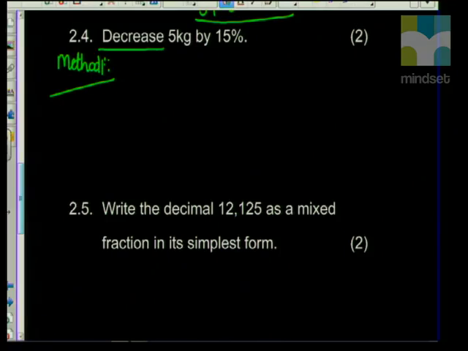Okay, I'm going to find out what 15% of 5 kilograms is. Please be sure to show all of your working, because this is where you can also get easy marks if you make careless mistakes.